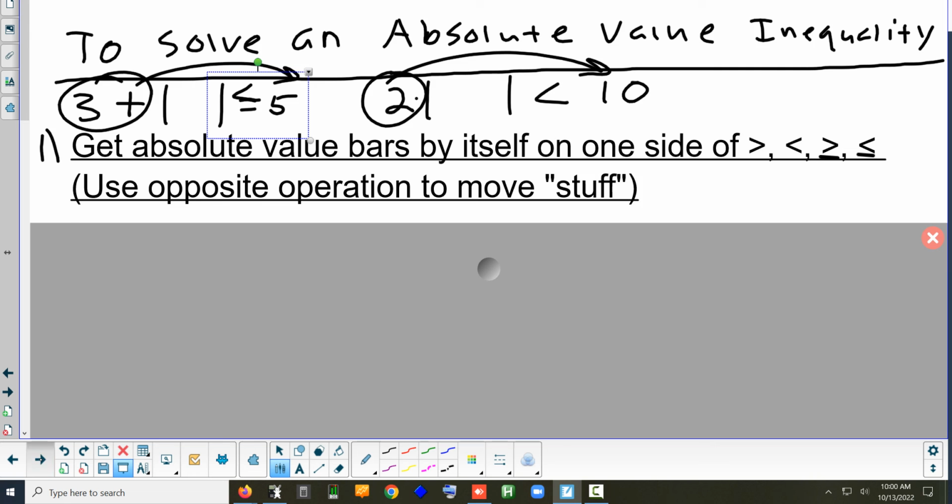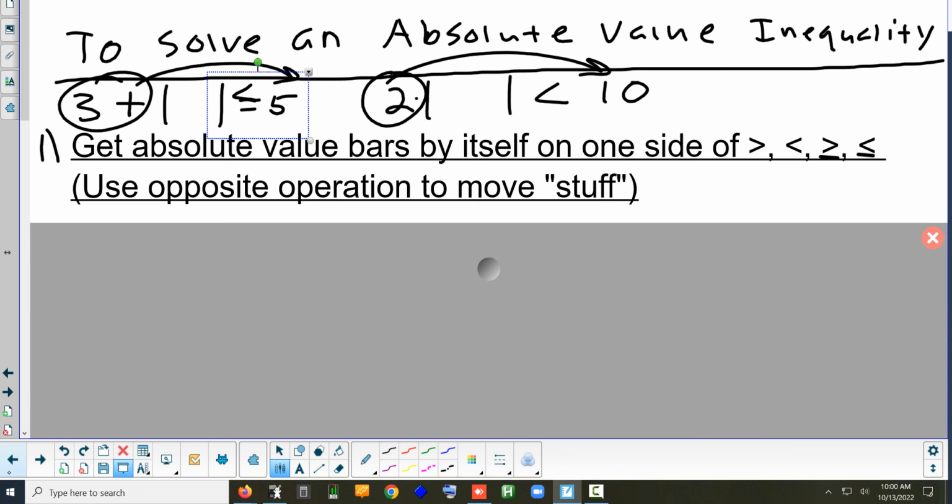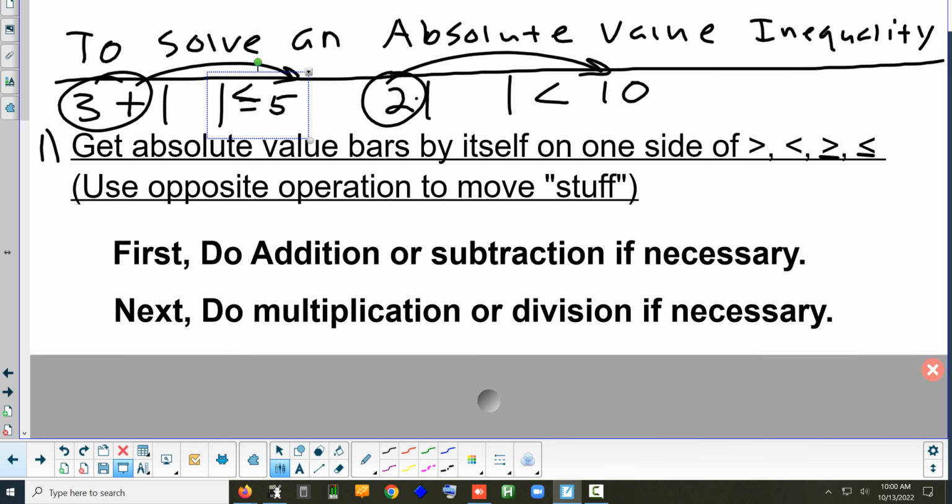You won't always have to do that. Here's a problem. We're not doing it yet. But there's a problem where the bars are already by themselves. There's nothing you have to do to get them by themselves first. So the 2 things that you might have to do to get something by itself is either addition or subtraction.